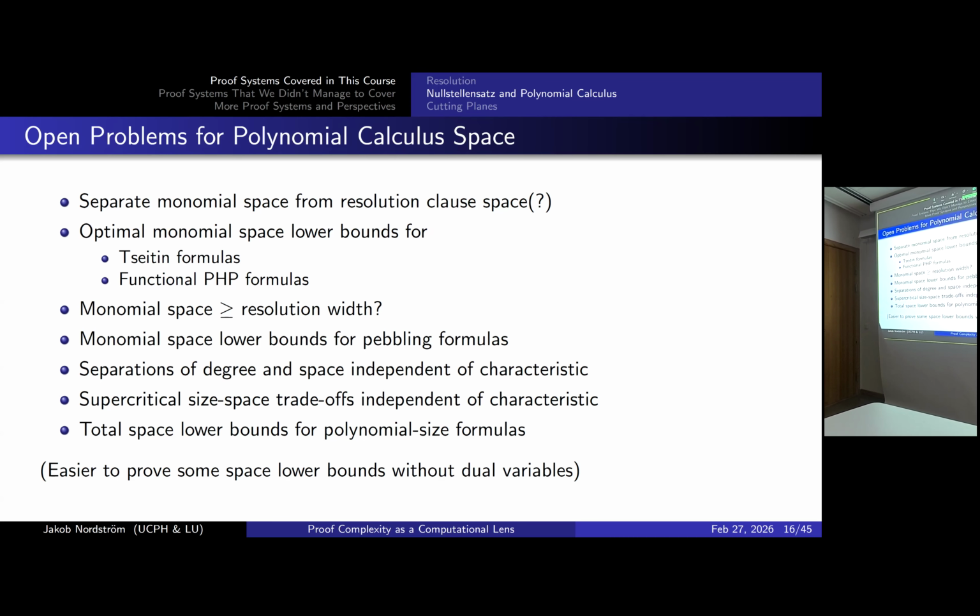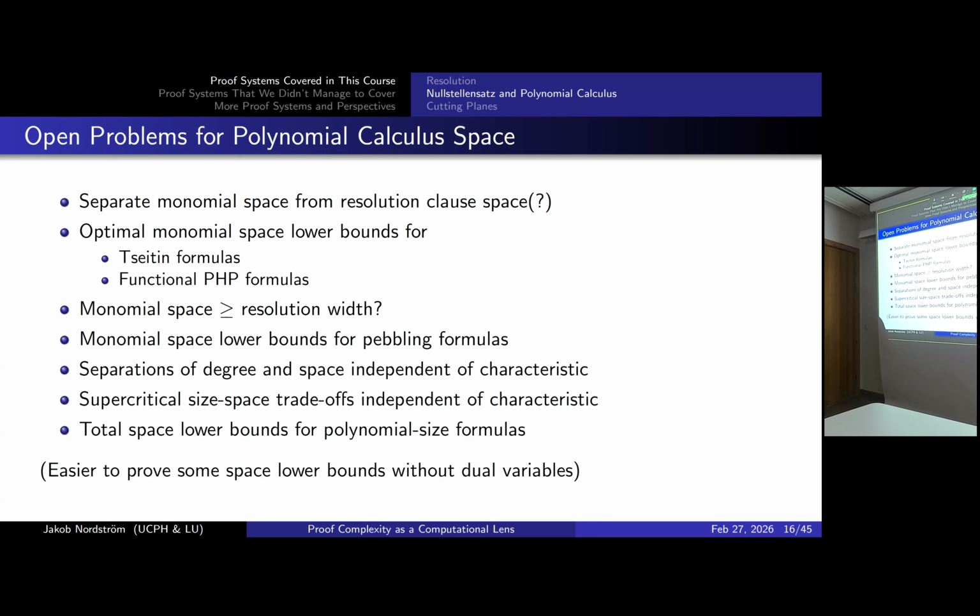Now, in special cases, we have better bounds. For Tseitin formulas, for instance, I can take any expander graph, and then I can turn it into a multigraph by adding 2 copies of every edge. And now I get optimal linear monomial space lower bounds.